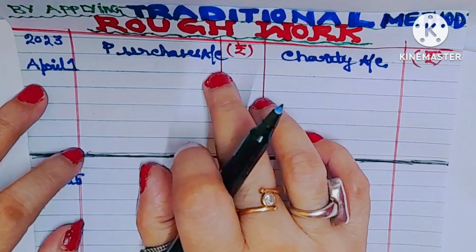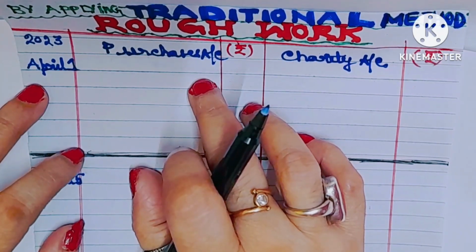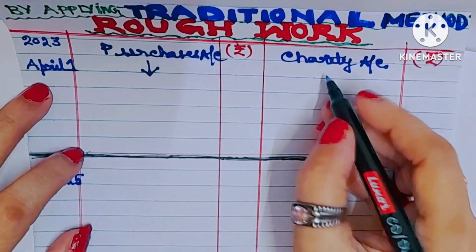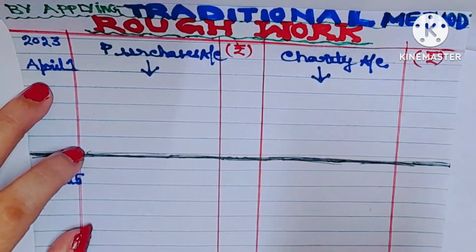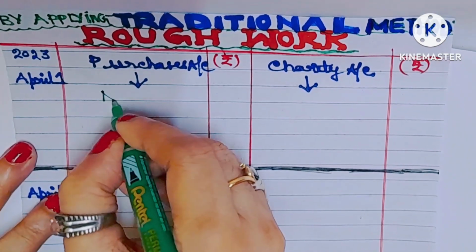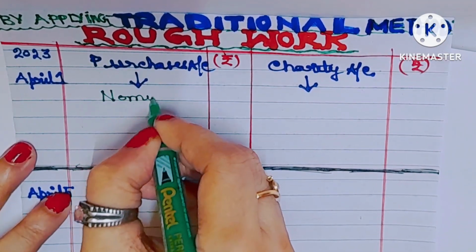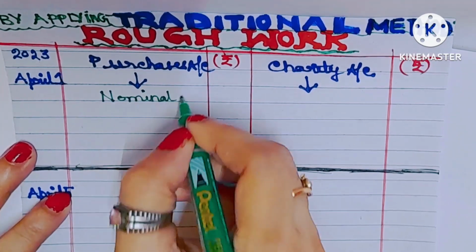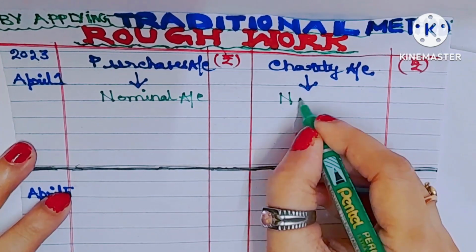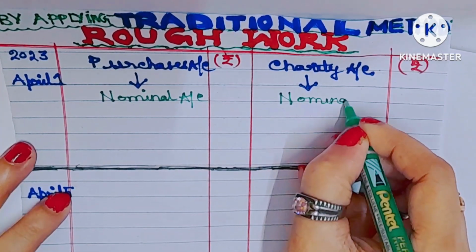As we know, purchases account comes under nominal account. And charity account comes under nominal account too. Purchases account comes under nominal account. And charity account also comes under nominal account. Okay?